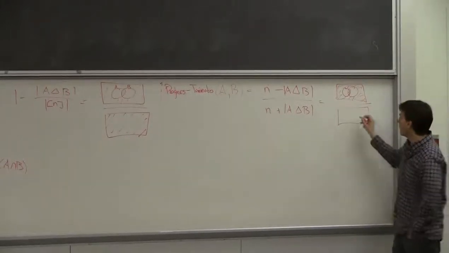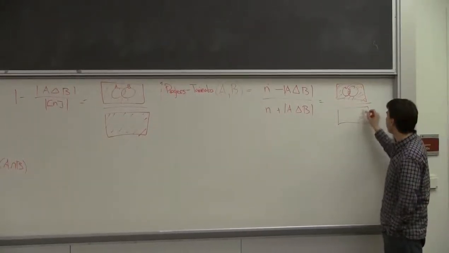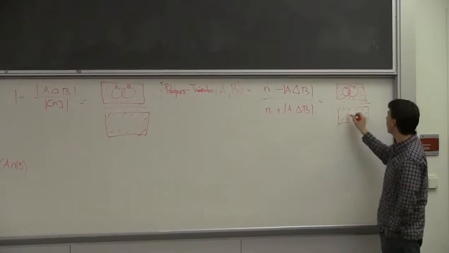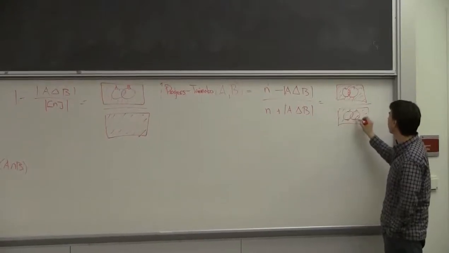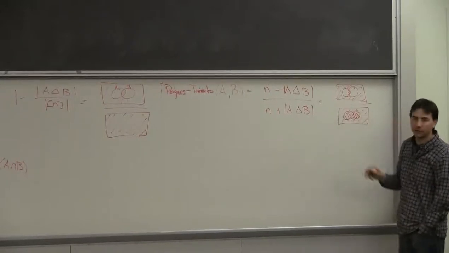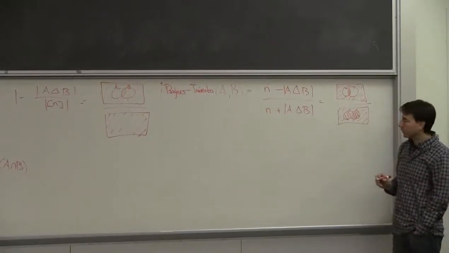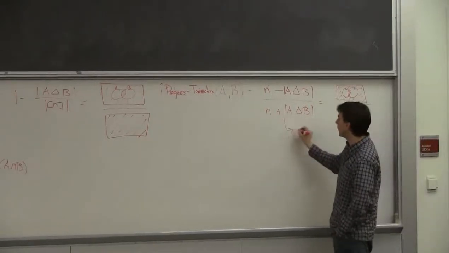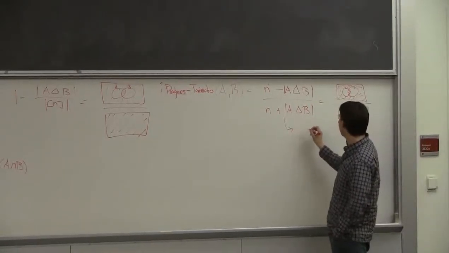And on the top, I'm going to get everything first, and then I'm going to get the symmetric difference, and I'm going to color this over twice. I'm going to get to count this part twice.